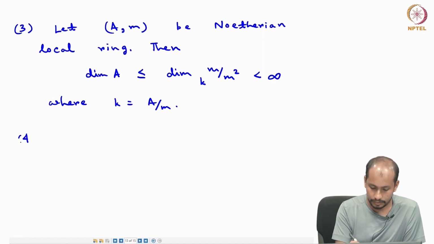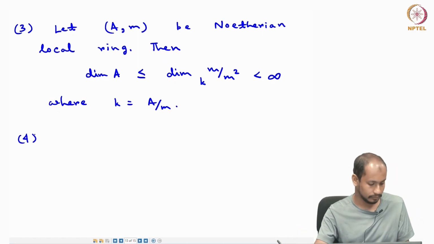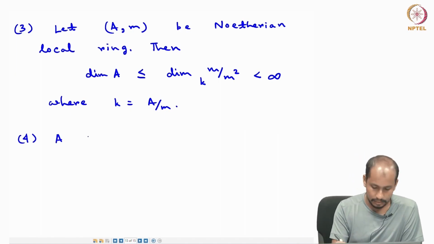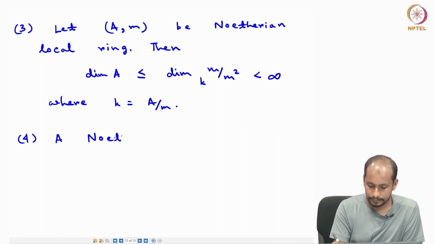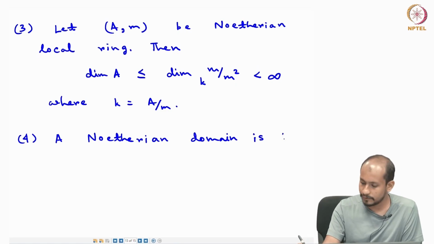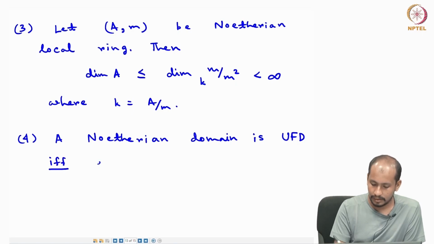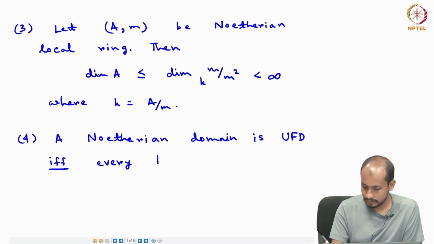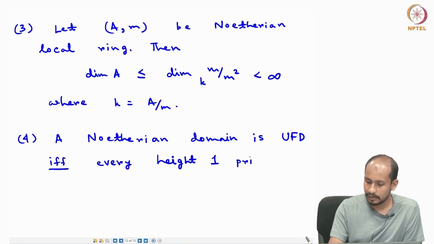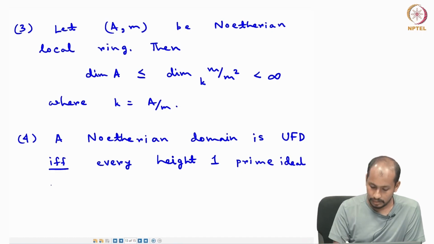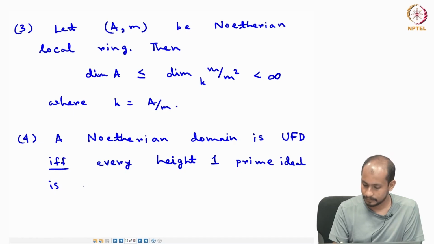Now, fifth, a Noetherian domain is a UFD if and only if every height 1 prime ideal is principal.